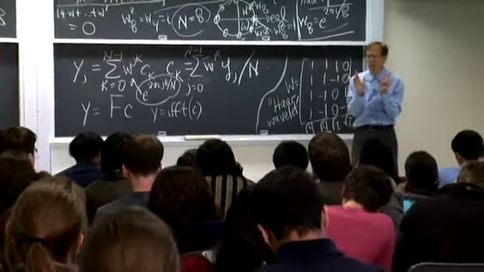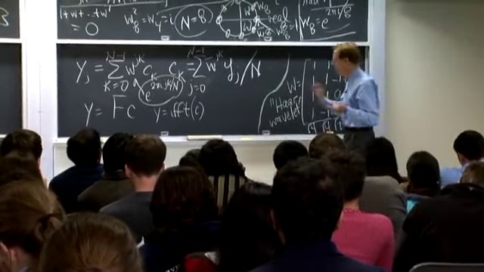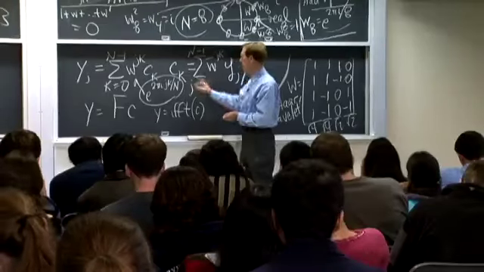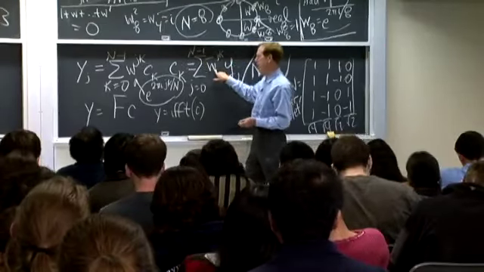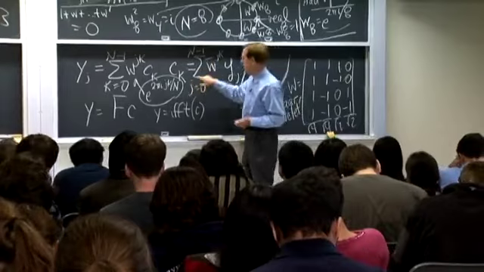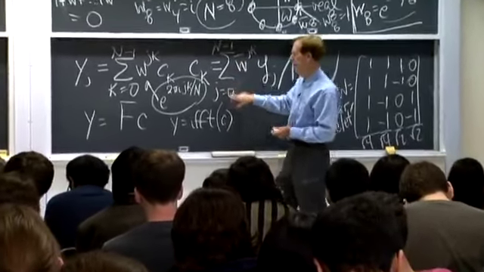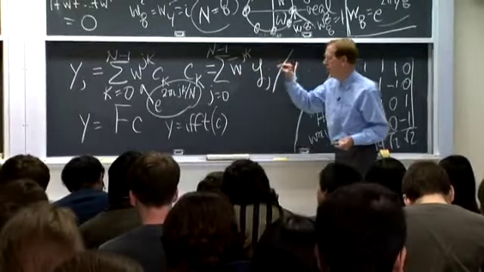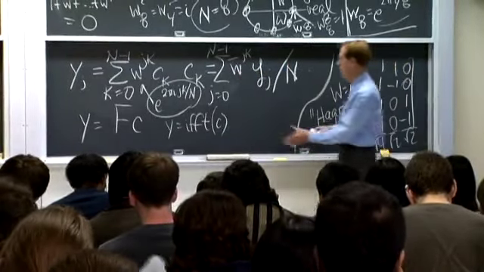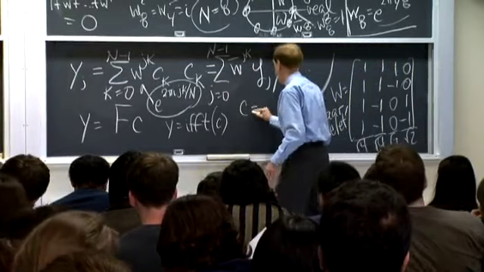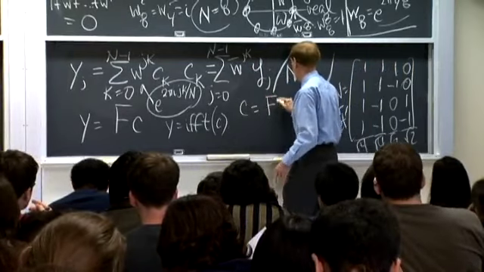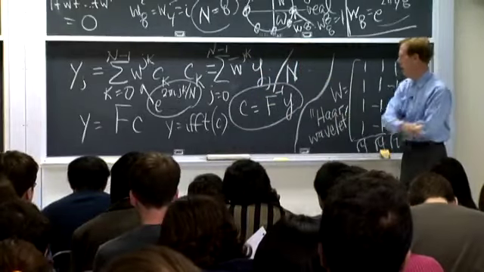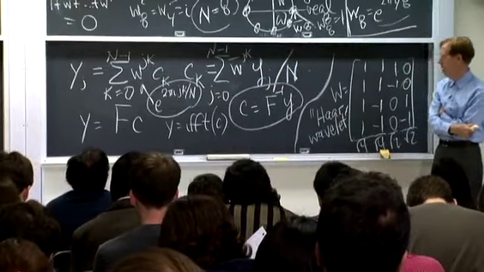I don't know how you prefer to remember these. Somehow you have to commit something to memory here, certainly what W is, and the fact that it's W and W bar, and the fact that the sums start at 0, and the fact that you have these simple expressions for the entries in the matrix, and this then would be C equals F inverse Y. That's what I've written down there in detail.